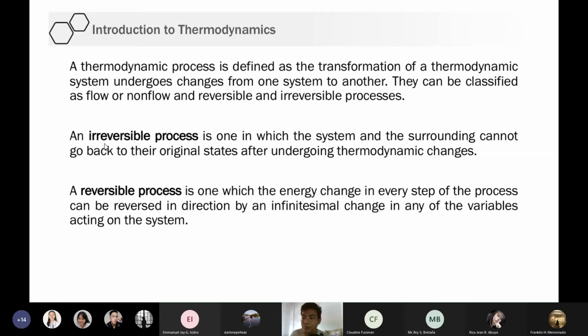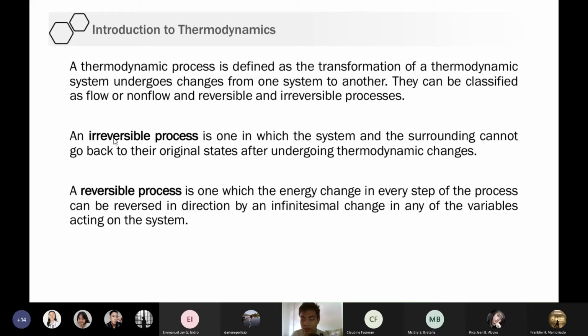Pag sinabing irreversible process, these are processes that are biglaan. Ito yung mga sudden changes. So, if we have a sudden change in our system, ibig sabihin nun, the system cannot go back to its original state.